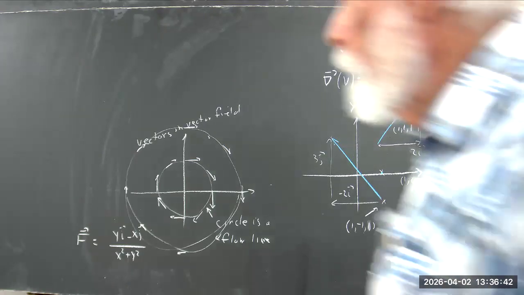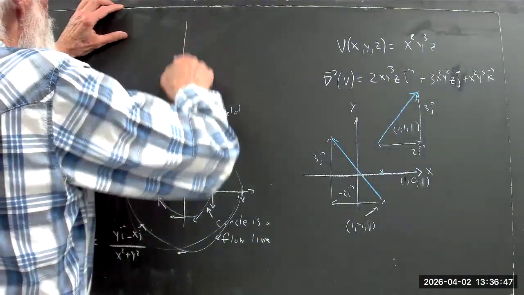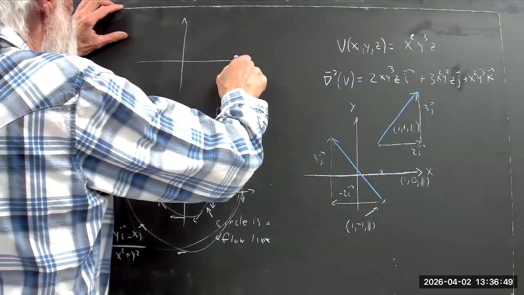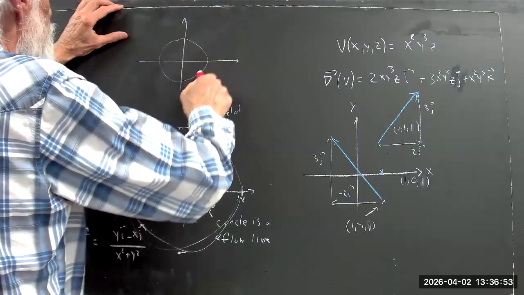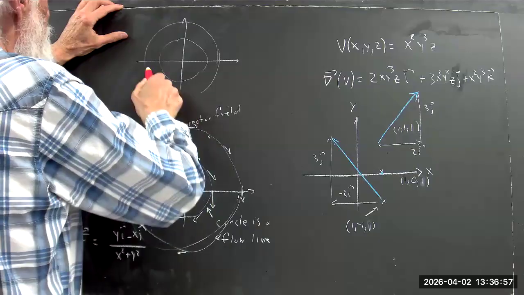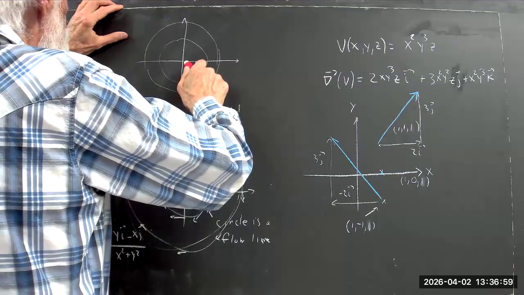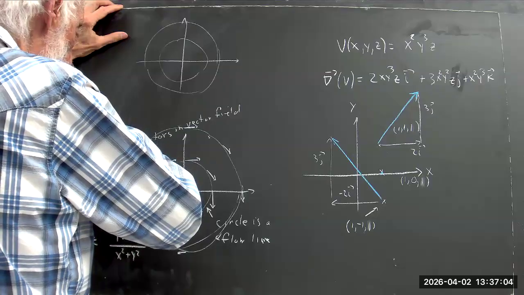The other vector field that I illustrated was one that had, you can use circular lines. I mean, we can use circles to define it.